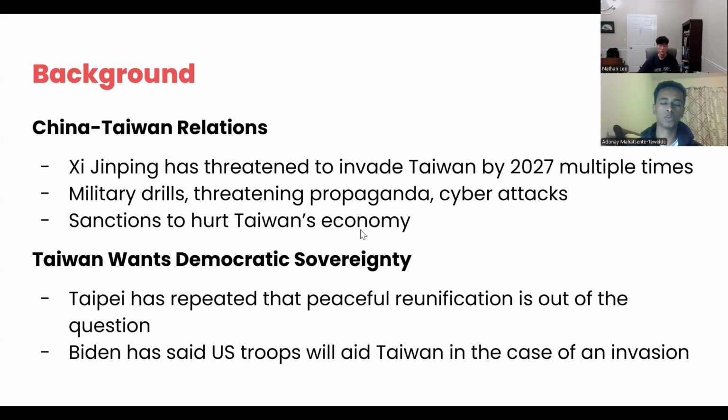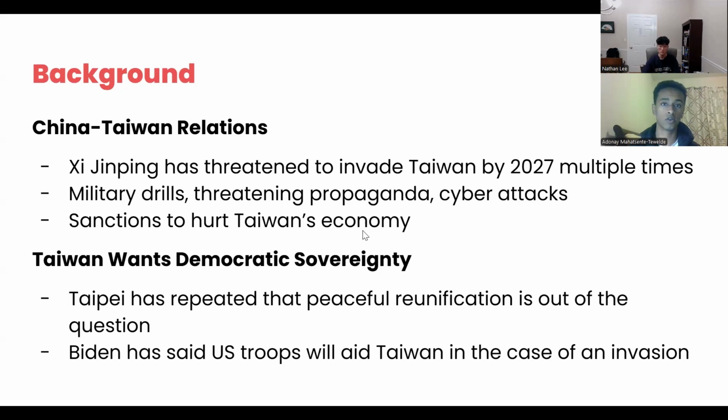This is mainly because we saw a transition from the original, more moderate, peaceful party, the KMT, to the DPP, which is a much more progressive party that calls for Taiwanese strength and independence in the face of US support. Right now, Taiwan has repeatedly ruled out peaceful reunification, with both parties advocating for better ties with China, but an absolute non-negotiable point of never joining the PRC.